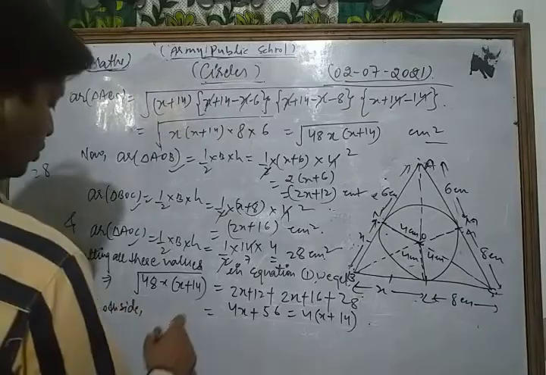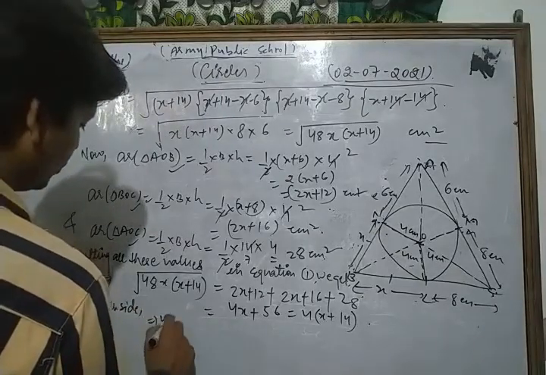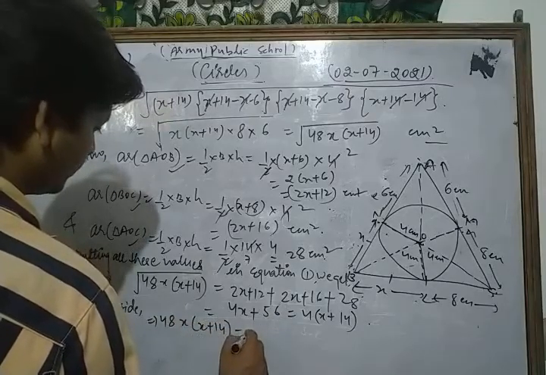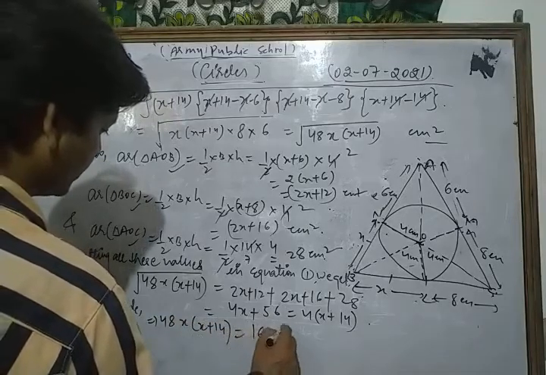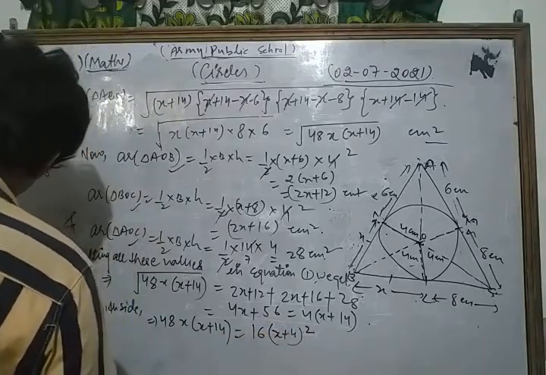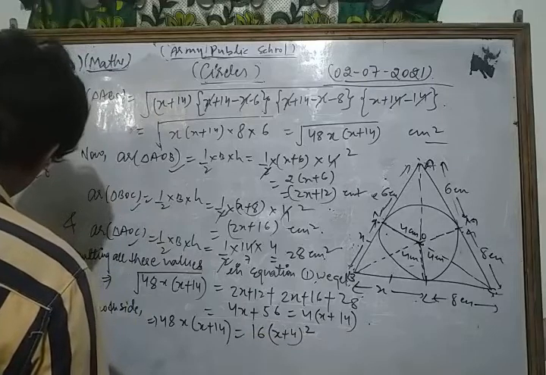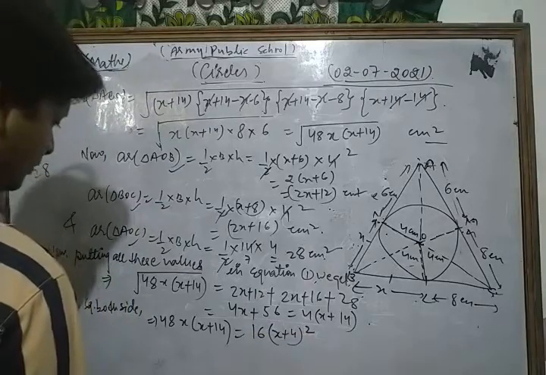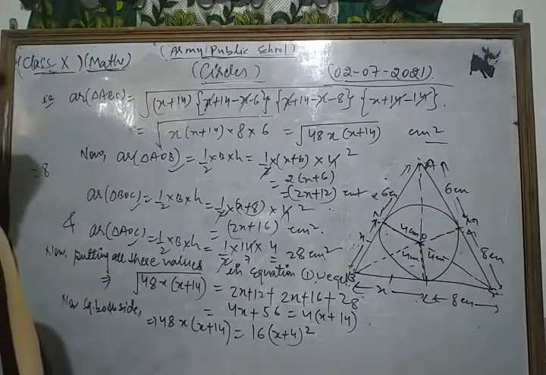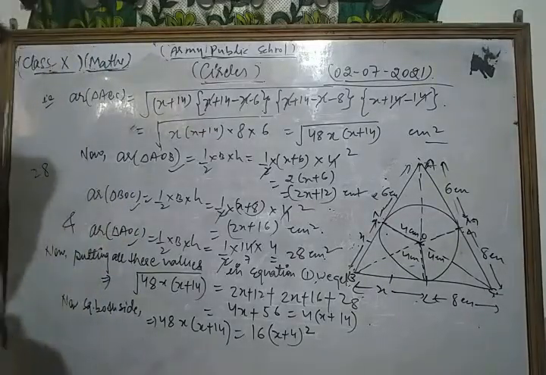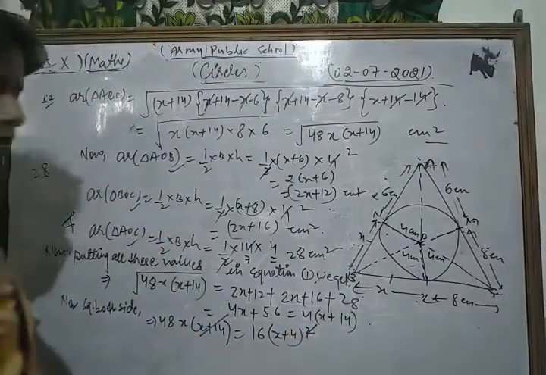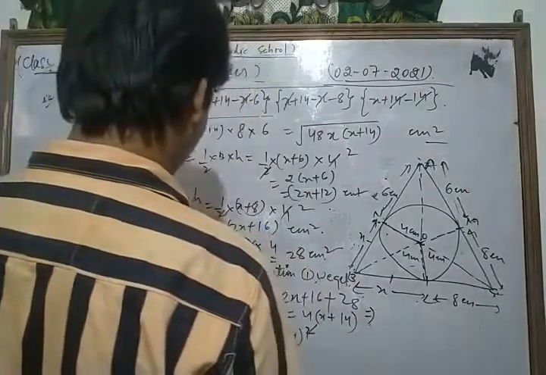If we square that side, the square root cancels, so we get only 48x into x plus 14 equal to 4 squared, that is 16, into x plus 14 whole square. Okay, dear students, now x plus 14 cancels on both sides. Thus, we get as what?